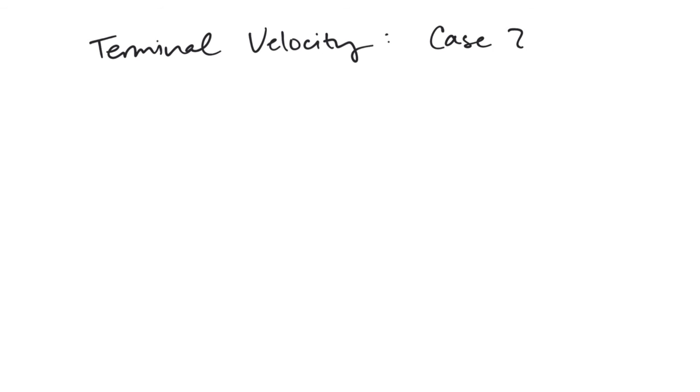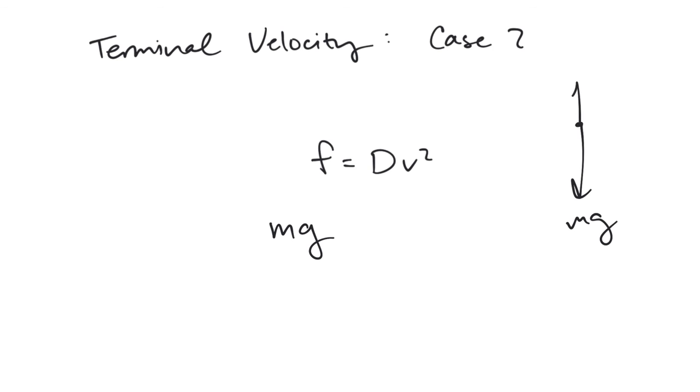For case 2, the equation was the friction equals drag coefficient times v squared. So our free body diagram ends up being mg going down, friction headed up. So it's mg minus F, if I make this positive and that negative.